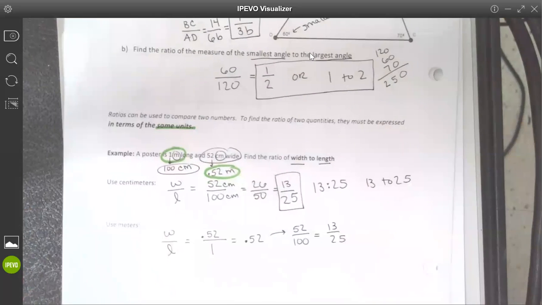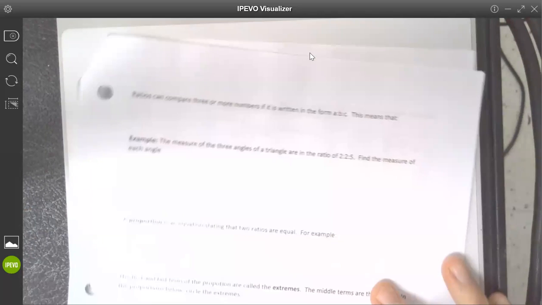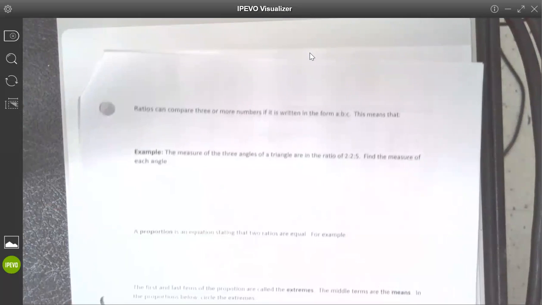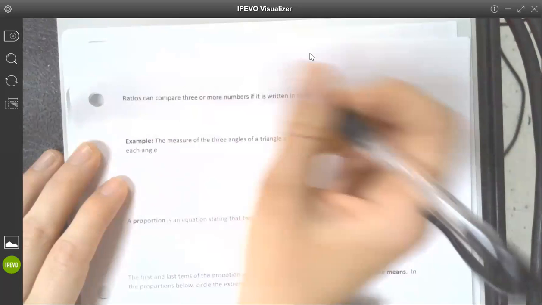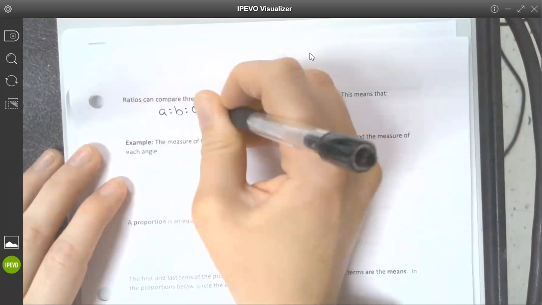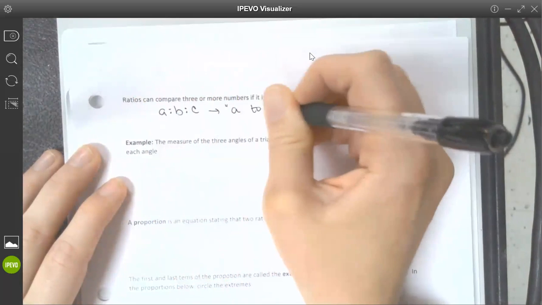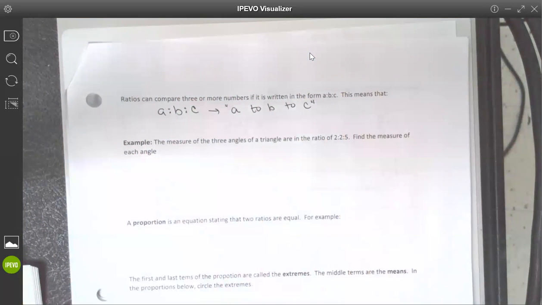Let's look at a couple geometry examples with this. So it doesn't have to just be two numbers that we compare. So when we're doing our ratios, it could be 3 or 4 or however many numbers we want to compare. We're just comparing numbers. So I could have A to B to C, or in words, I could say, well, A to B to C. And I could then break that ratio apart.